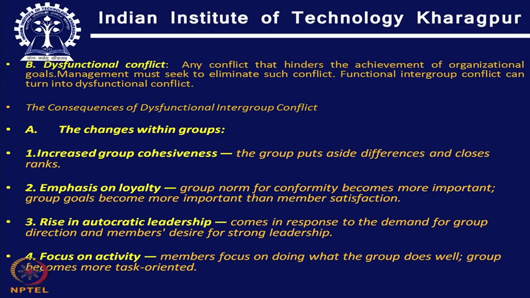What the group does is put aside the differences that maybe were there amongst the members and try to maintain solidarity within the group, so that as a unit they can stand against the attacks or threats given by the other group. So, intergroup conflict leads first to increased group cohesiveness when you are talking of changes within the groups.